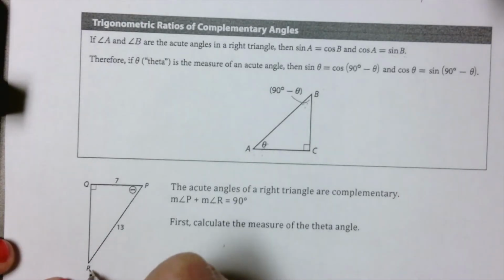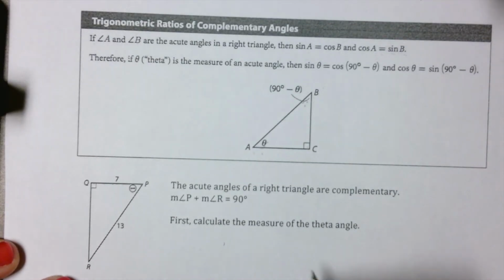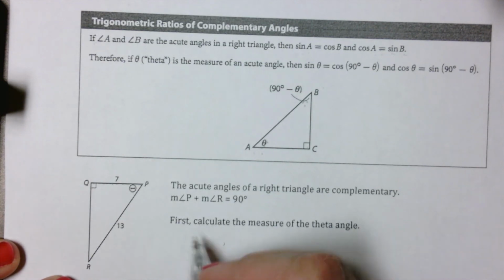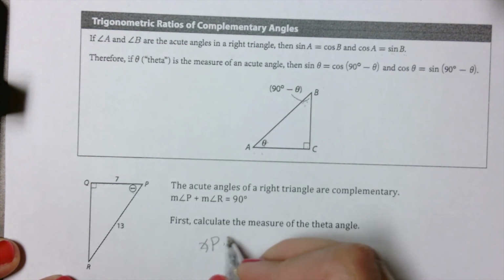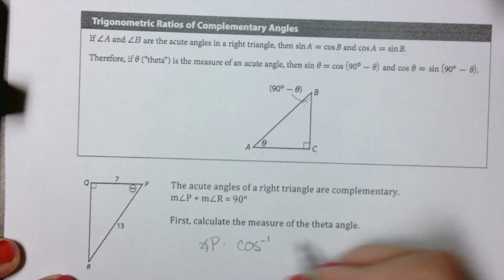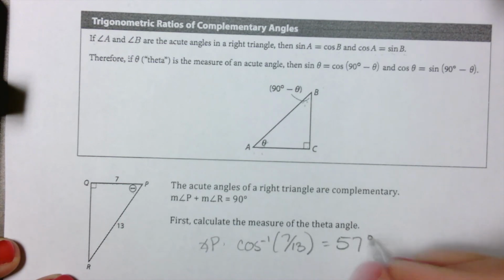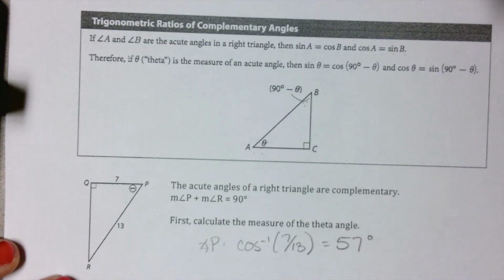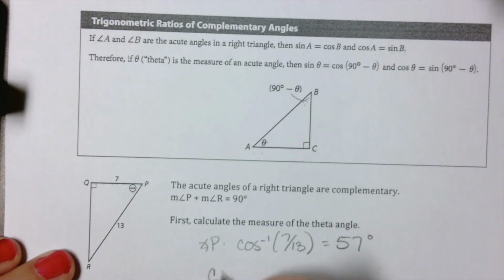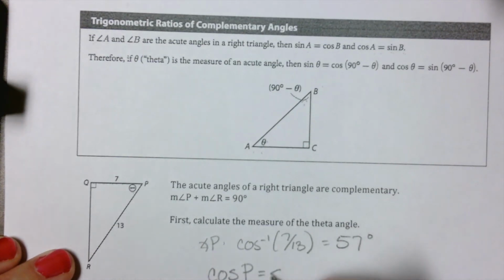So for this triangle right here, we need to solve, and we've got to figure out the measure of the angle first. So we want to find the measure of our theta angle. So the measure of angle P is going to be the inverse cosine of 7 over 13. So that's going to be 57 degrees. So the rule just says this: the cosine of angle P is equal to the sine of angle R. And so we can take the cosine of 57 and say that's equal to the sine.